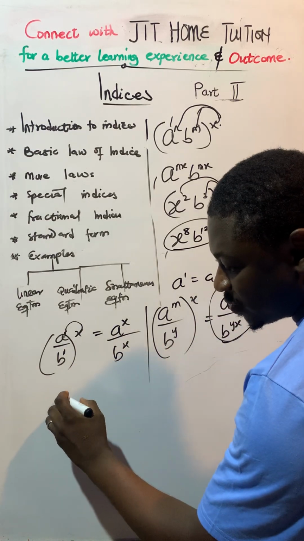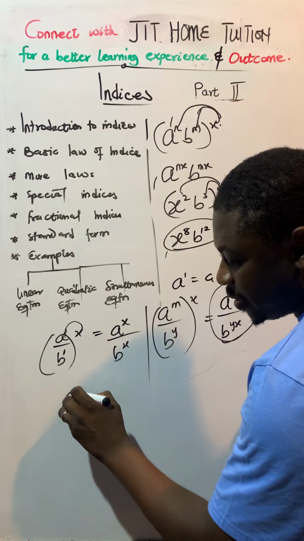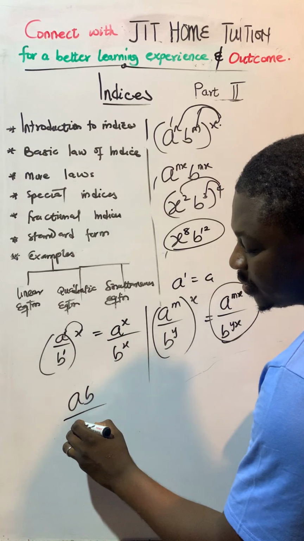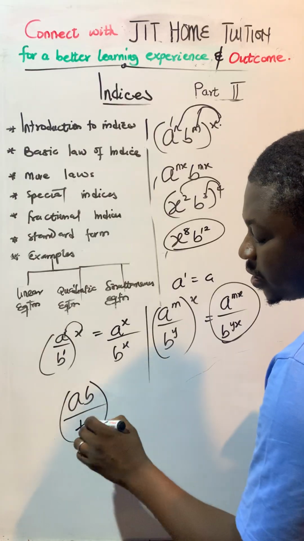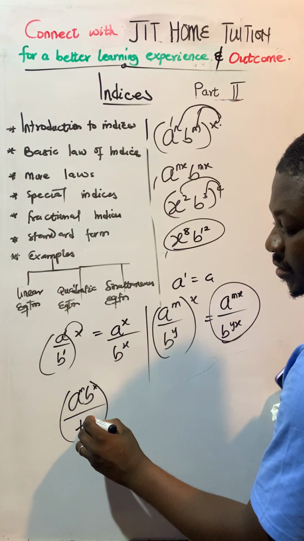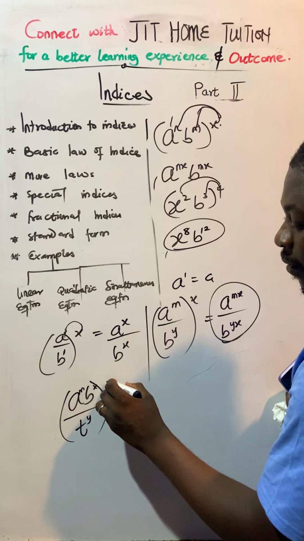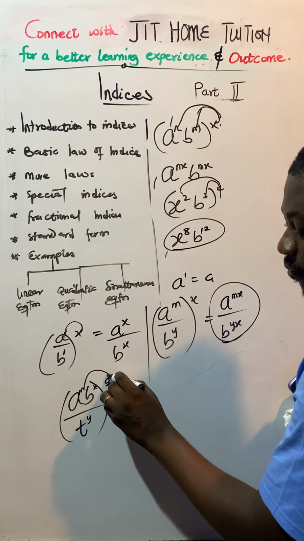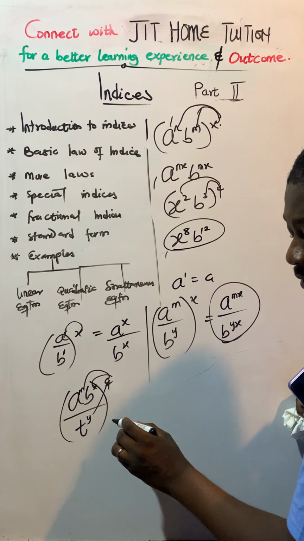You can also have something like this: a, b on, let's say, t, all exponents. Let's say this side was m, this side was x, this side was y, and you have q here. Now it will multiply this power, and also multiply this power.